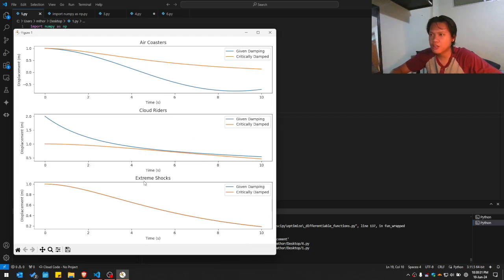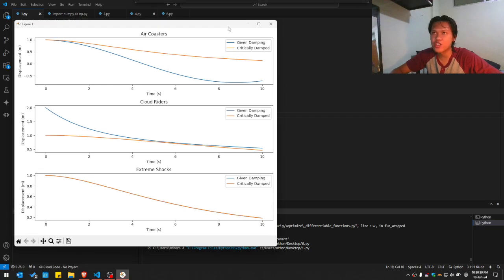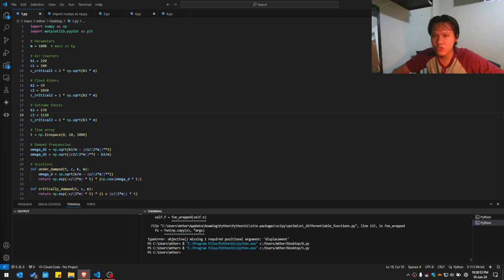For example, in Extreme Shocks, there is no given damping, and it is critically damped. So the initial thinking is Extreme Shocks is much more efficient at holding the mass. Okay, let's continue to number two.